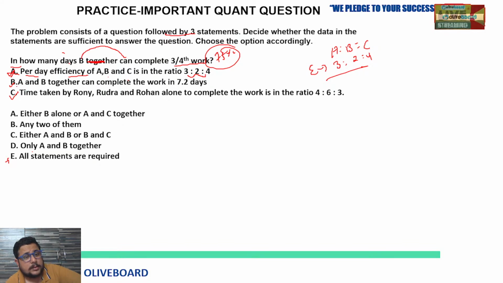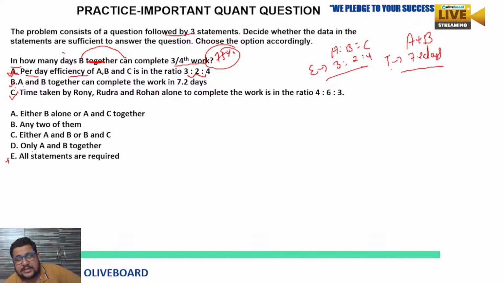Now, statement B: A and B together can complete the work in 7.2 days. This is what is given.